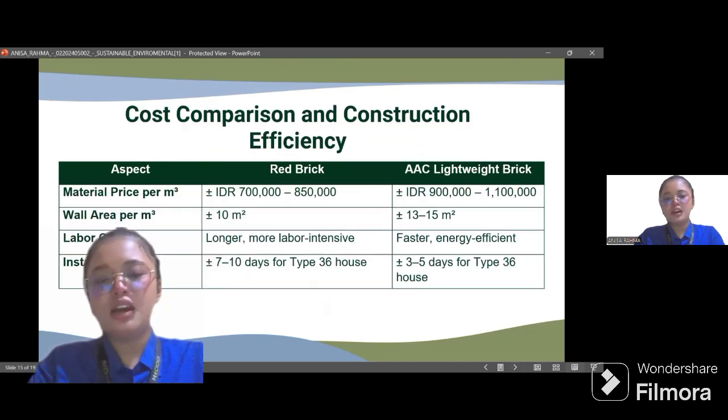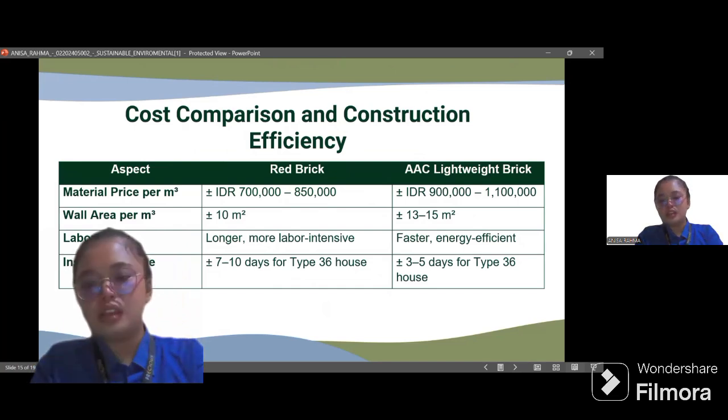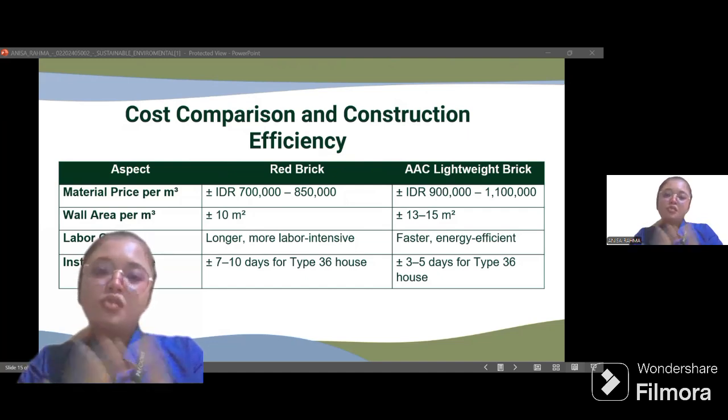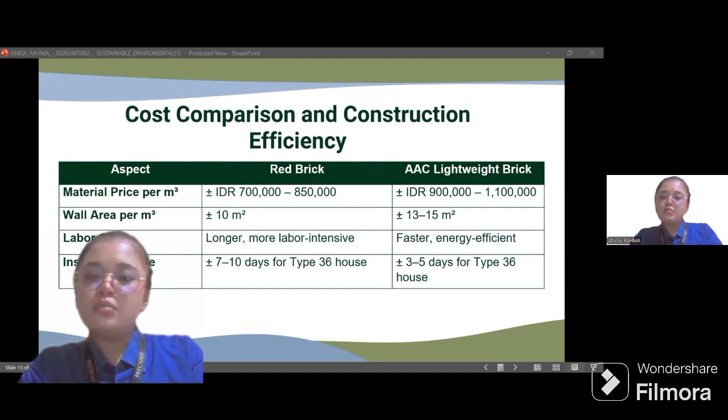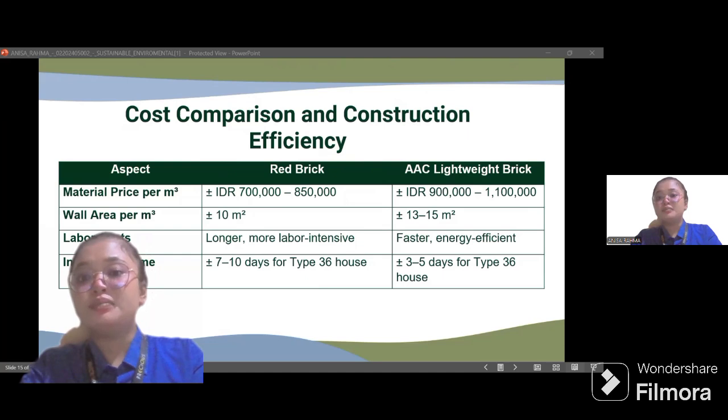The next slide I have cost comparison and construction efficiency. This slide is crucial for understanding the connection between economic aspect and construction efficiency in relation to the principle of life cycle assessment, or LCA.